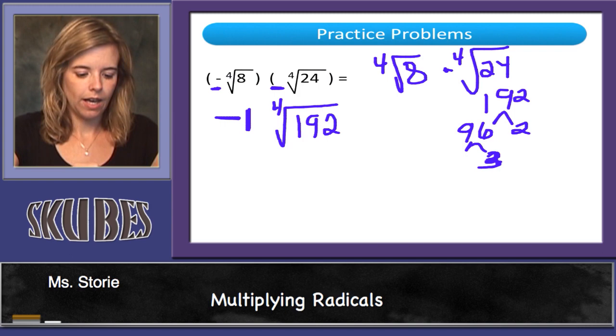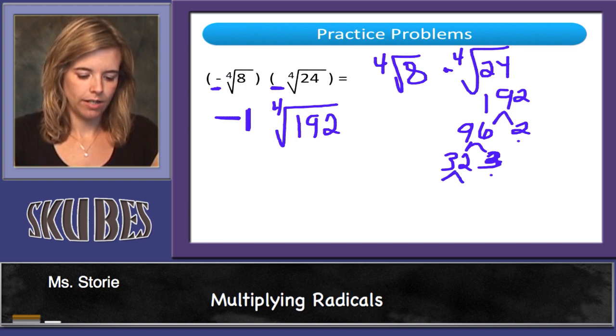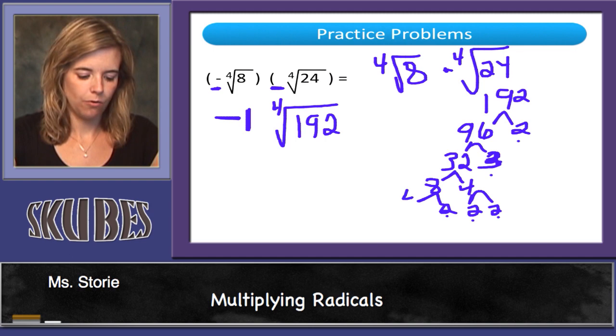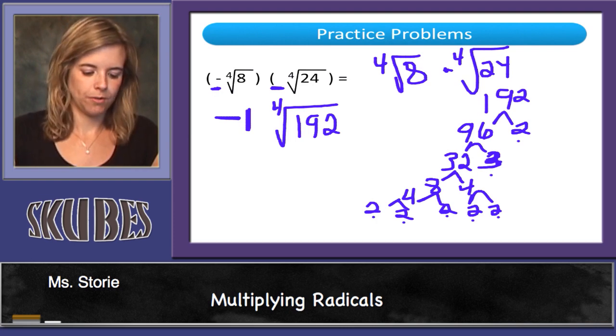We can do a 3, and then we can do 32. So far I've got 2 primes. Now I can do, how about 4 and 8? And then I've got 2 and 2, got 2 and 4, and then I'm going to go 2 and 2. It's a lot of prime numbers, and we're looking for groups of 4.